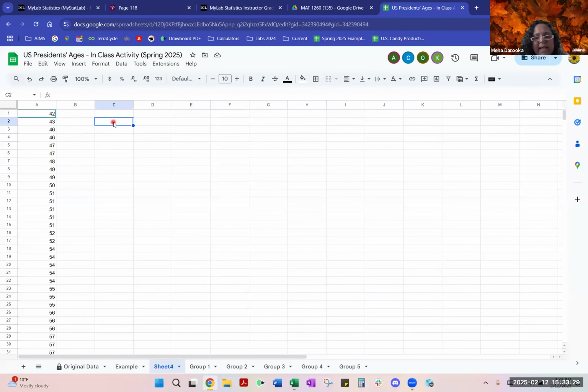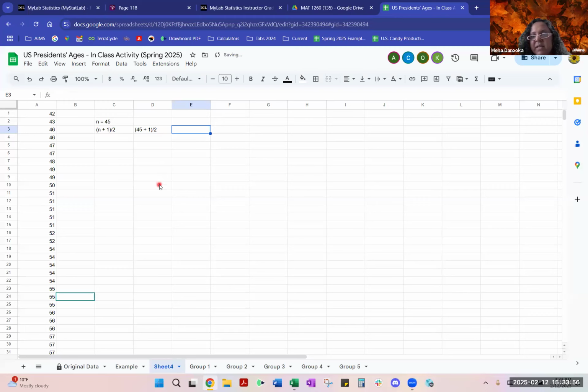Now we know our N value is 45. Remember the position formula for the median was N plus 1 divided by 2. Well, that would translate to 45 plus 1 divided by 2.